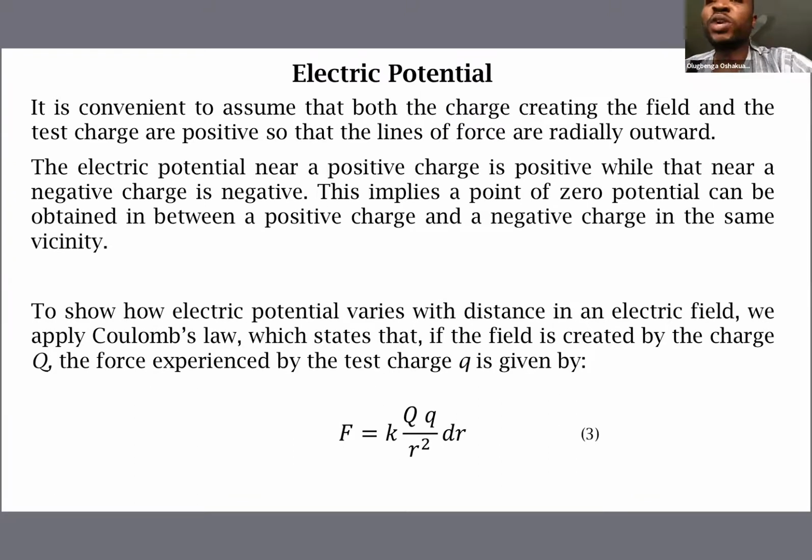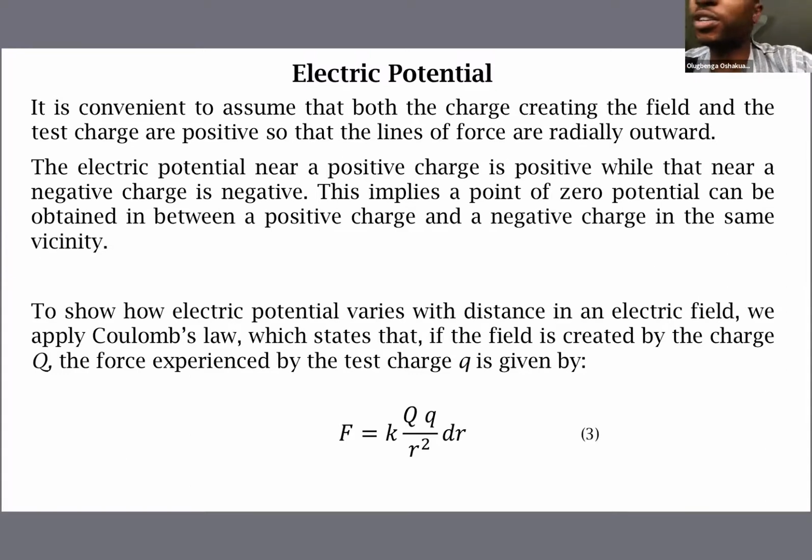It is convenient to assume that both the charge creating the field and the test charge are positive, so that the lines of force are radially outward. The electric potential near a positive charge is positive, while that near a negative charge is negative. This implies that zero potential can be obtained in between the positive charge and the negative charge.